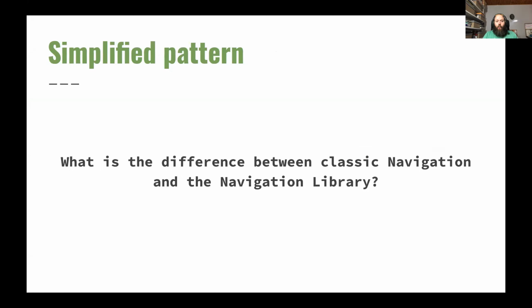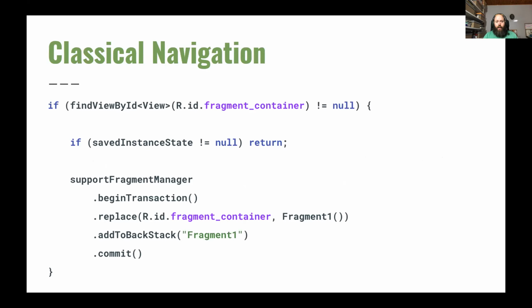But basically, why should we use the navigation? We should use the navigation because it simplifies the way we approach our pattern. Because let's see what we should do to go from a fragment to another in classical navigation.